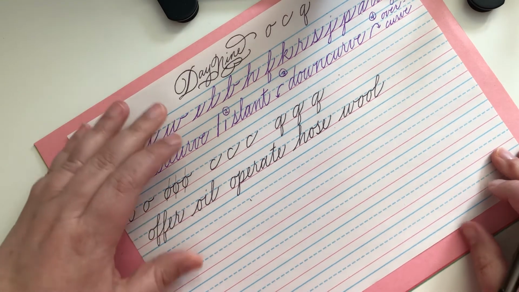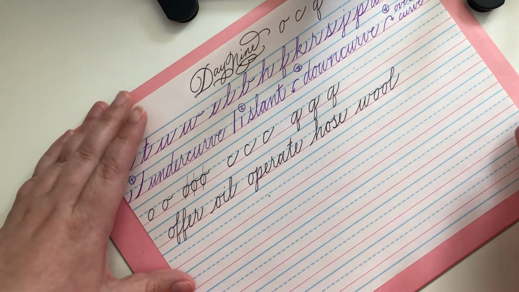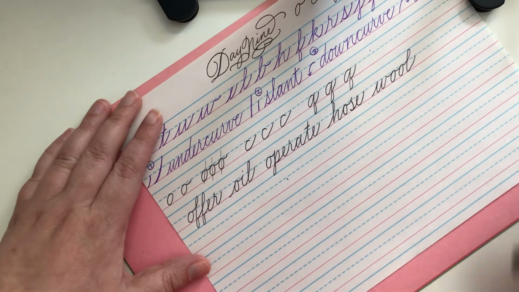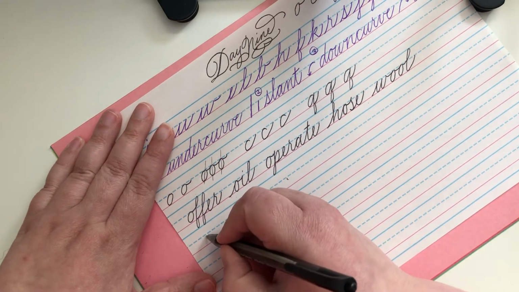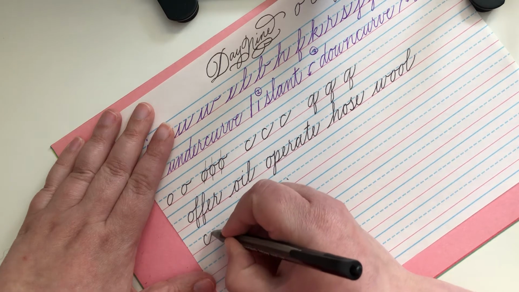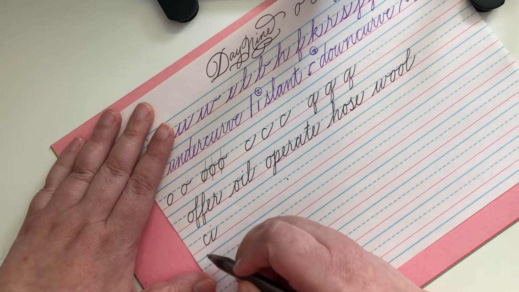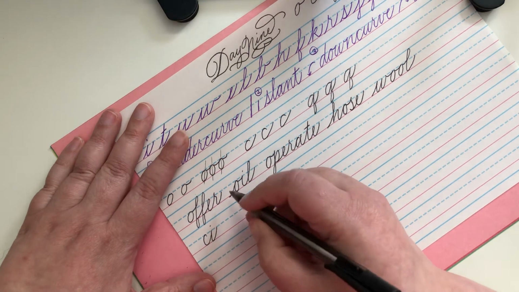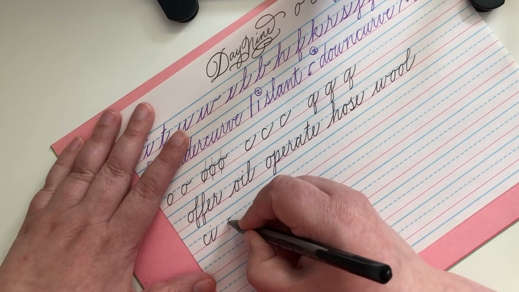How about we practice connecting the C to some letters without writing words first? How about C-I? Notice how my undercurve just went into the next letter. How about C-L?